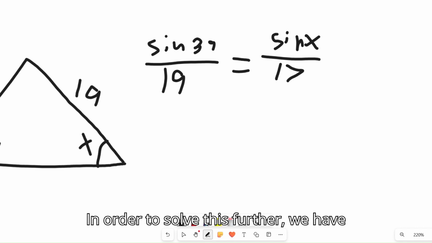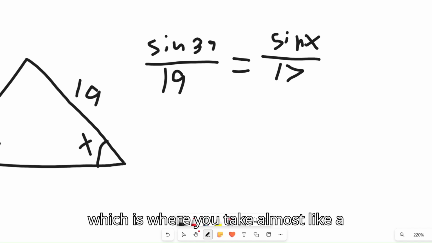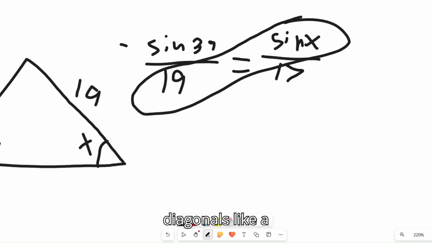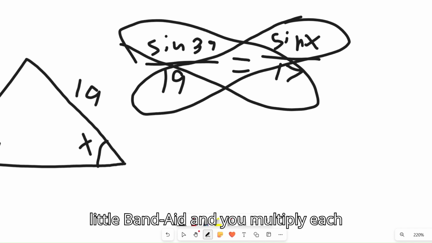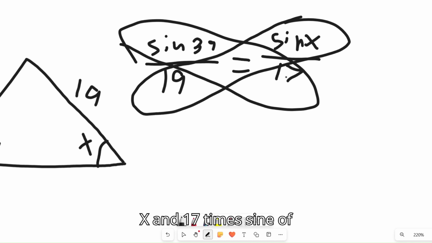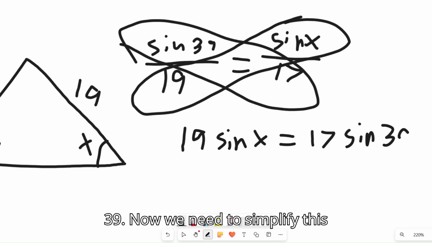Now, in order to solve this further, we have to do something called cross multiplying, which is where you take the diagonals, almost like a little band-aid, and you multiply each strip. What I mean by that is you multiply 19 times sine of x and 17 times sine of 39. So 19 sine of x equals 17 sine of 39.